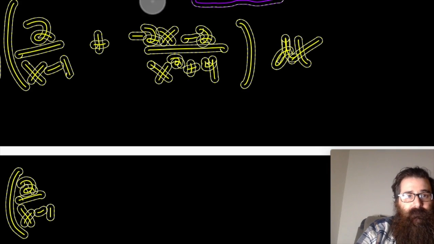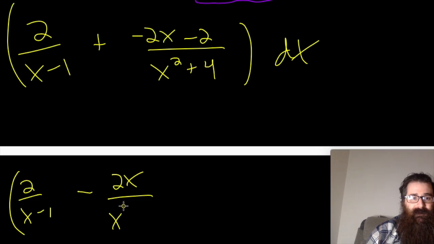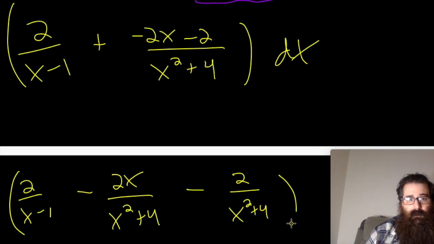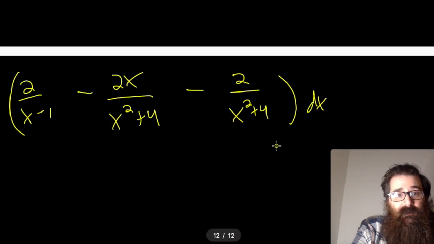It's probably reasonable to do that. I can say minus, and then I'm going to split this up about the numerator. There's no other way to. 2x over x squared plus 4, and then I can say minus 2 over x squared plus 4. And I want to be integrating these as 3 separate fractions.